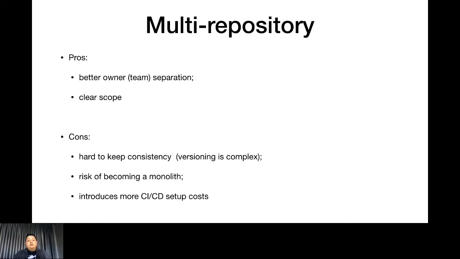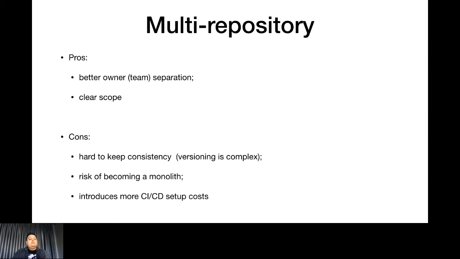The bad thing here is that it's hard to keep consistency, because we need to version our application, and it could become very complex when we have some kind of contract shared between a few of our microservices.